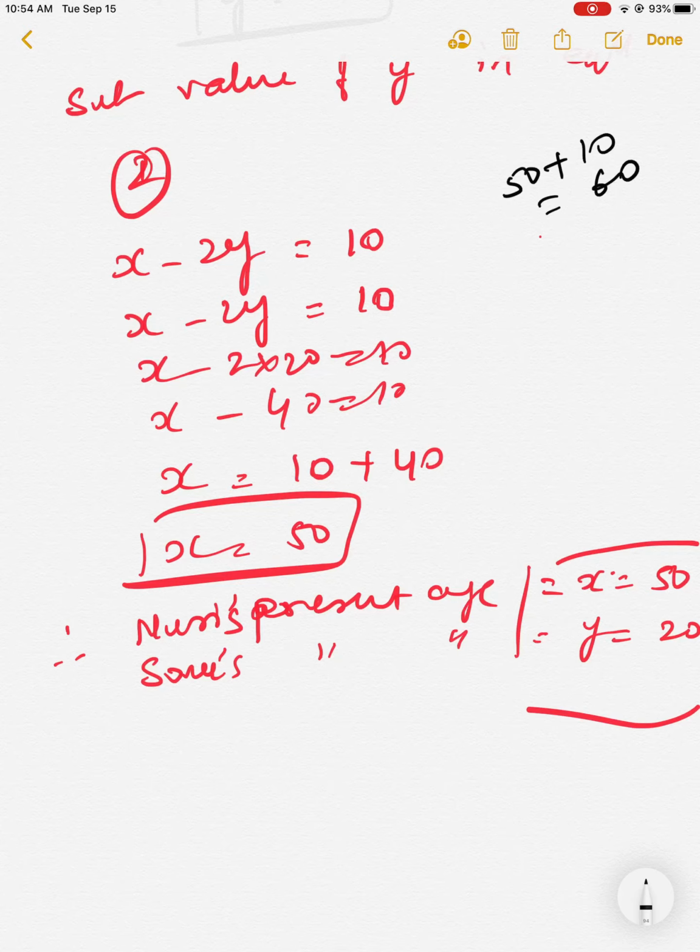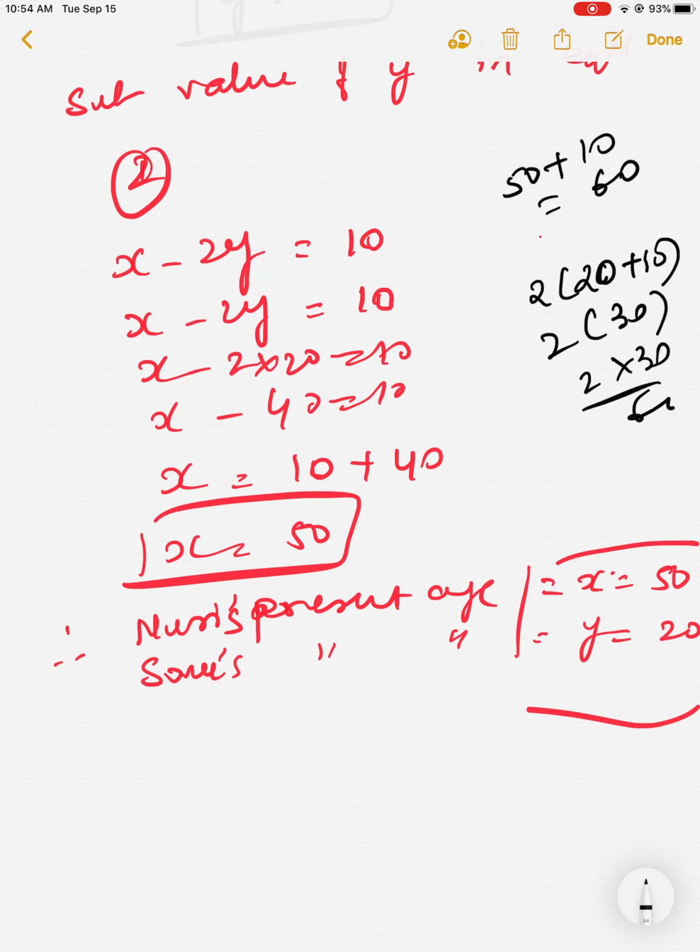Okay, 10 years later Nuru's age is equal to twice Sonu's age. Sonu's present age is equal to 20. 20 plus 10, 2 into 30, is equal to 60.